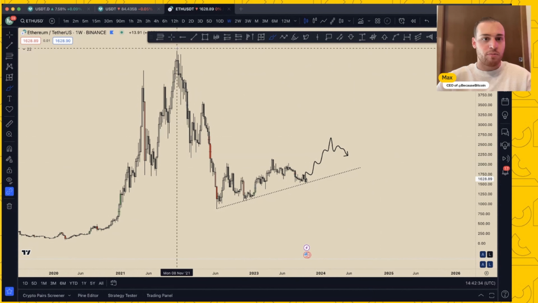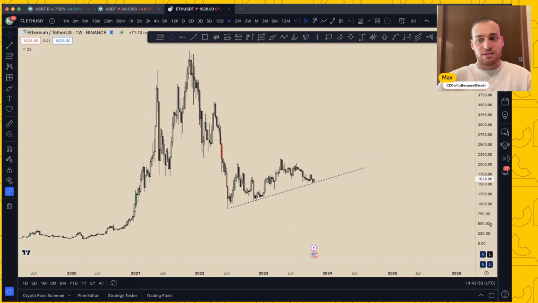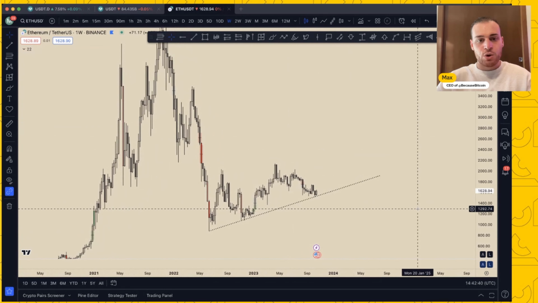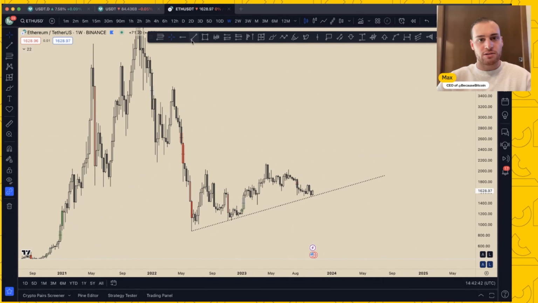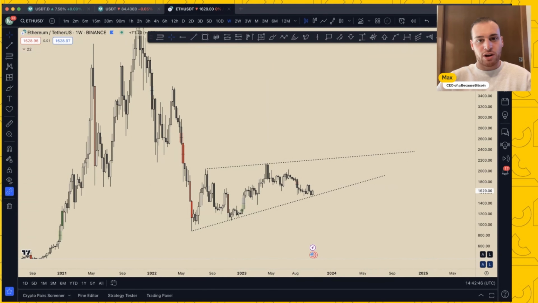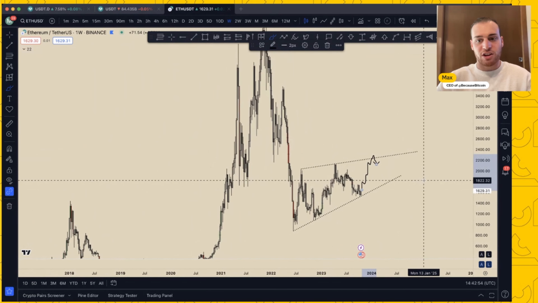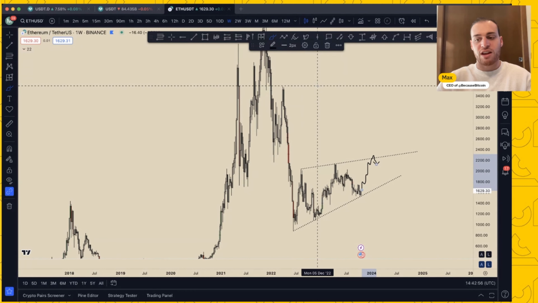I don't know. But if these stable coins, if USDT gets deployed here, you have to be open to all scenarios. Even if we want to do like a little goofy normie wedge here, what if some of those stable coins get redeployed here and we move up to 2,200, 2,300, something like this? That is a huge move.